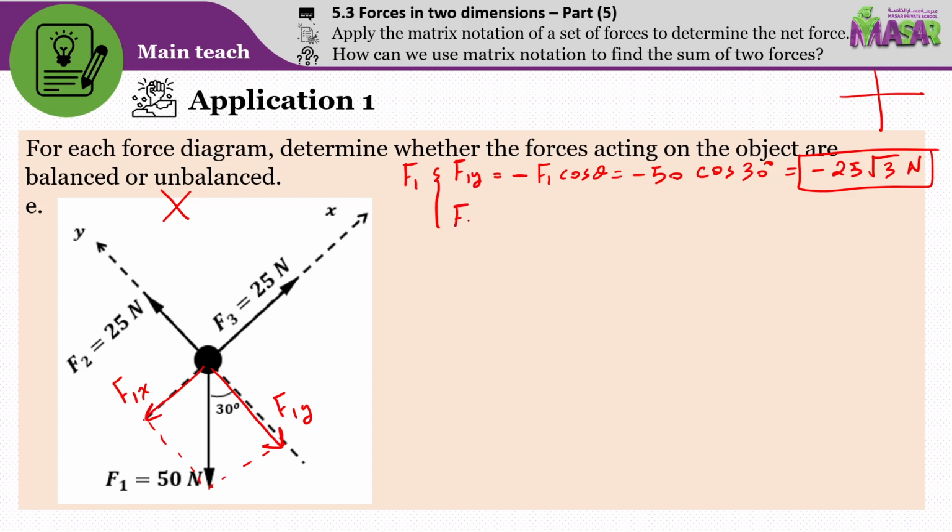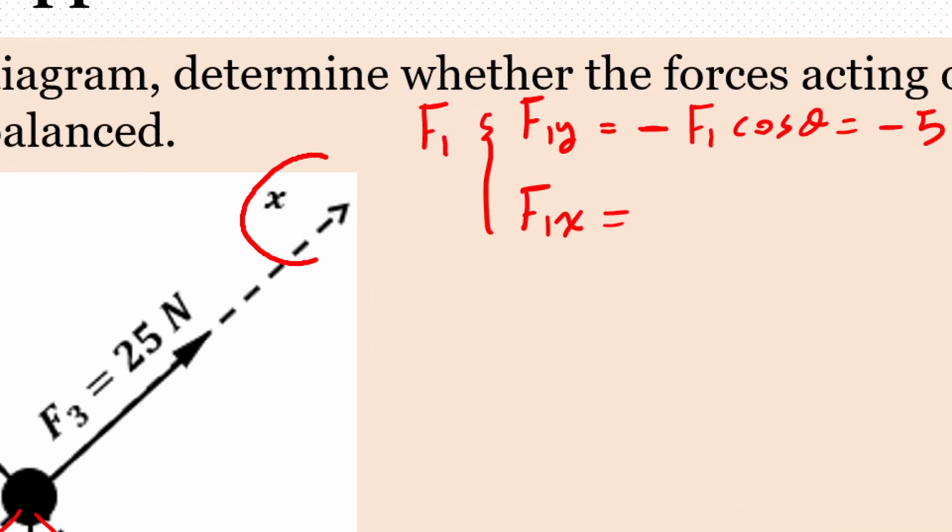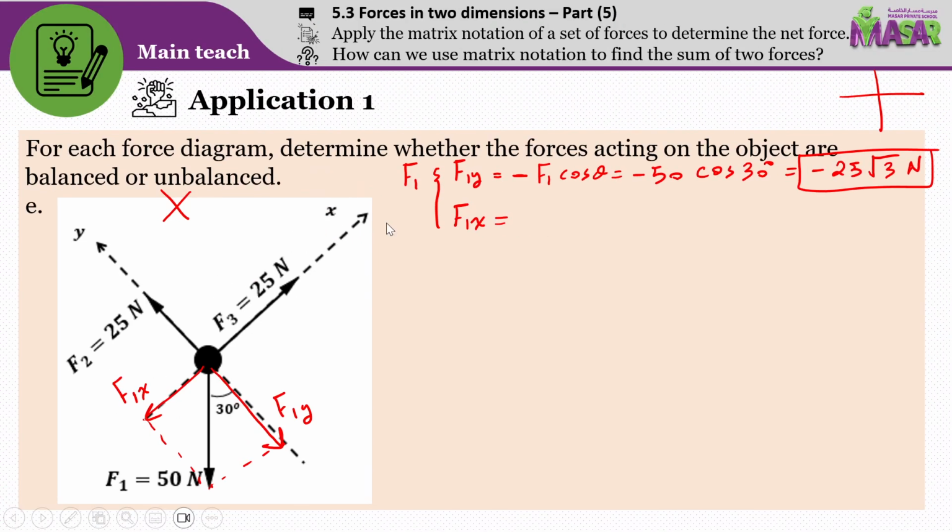Now, what about the horizontal component? Again, the direction of F1x is opposite to the positive sense. The positive sense is pointed in this way. So we must add the minus sign: F1 sine 30, which is equal to minus 50 sine 30, which is equal to minus 25 Newton. And this is the horizontal component F1x.